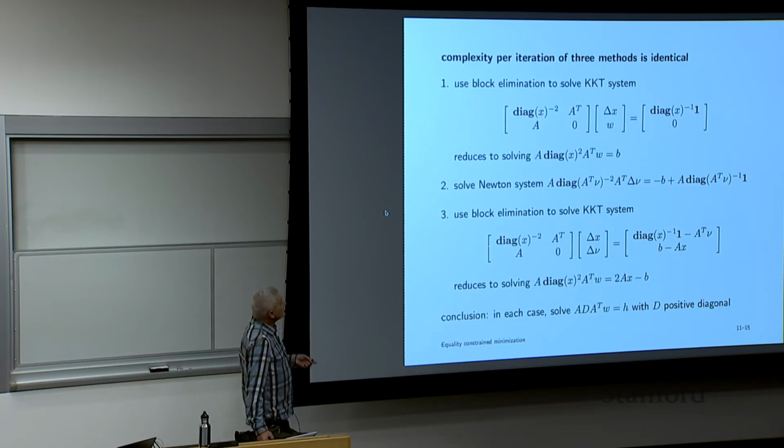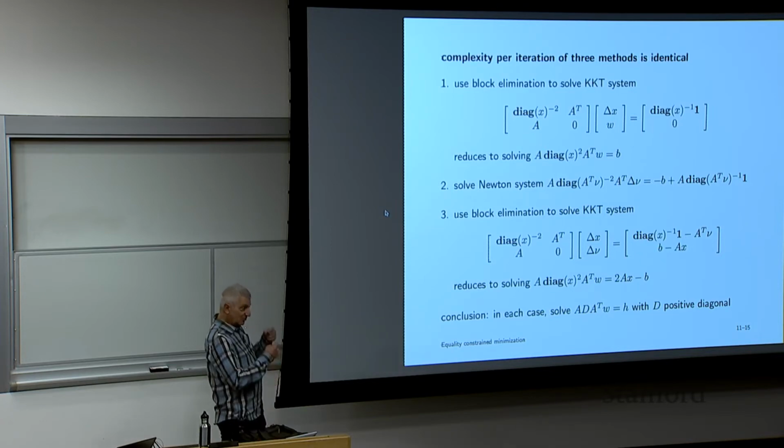Okay. If you use block elimination, you end up with this. Oh, hey, wait a minute. That's identical to this. The only thing different is that this is 0 because you're assuming x is feasible. And down here we actually are putting in the residual, so this need not be 0. If you're not yet feasible, then b minus Ax is not 0, right?